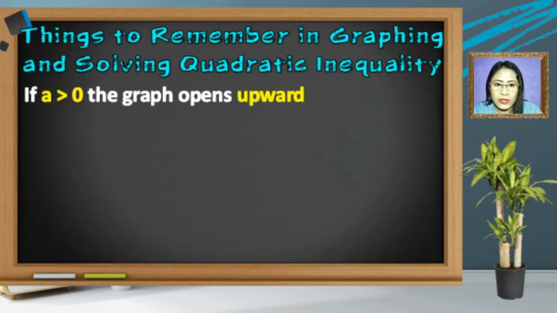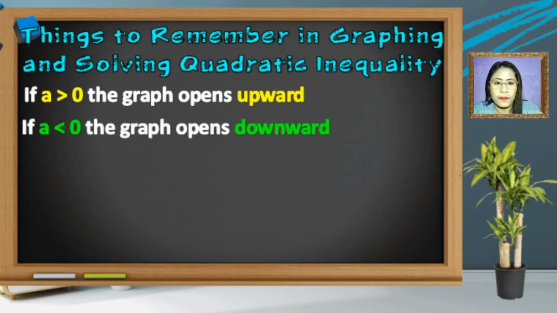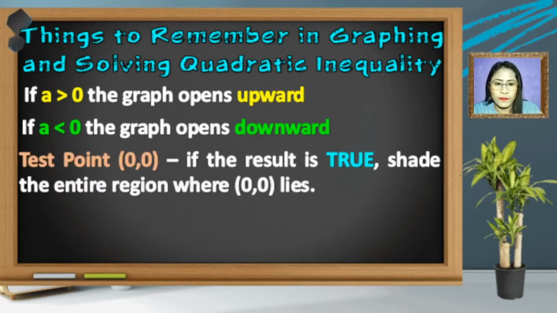So, these are also things to remember. If the value of a is greater than 0, it means positive ang value ng ating a. The graph should be opens upward. And if the value of a is less than 0, meaning negative, the graph opens downward.